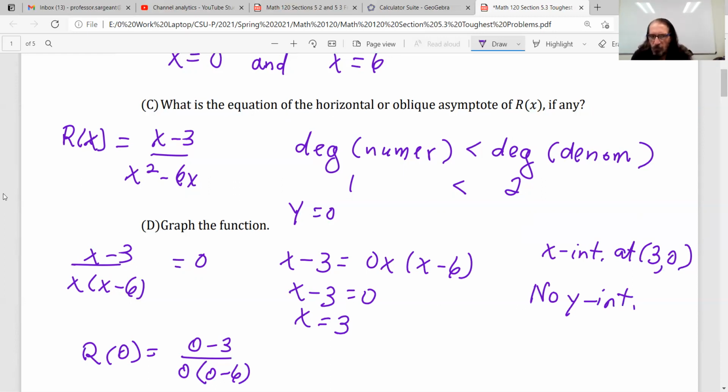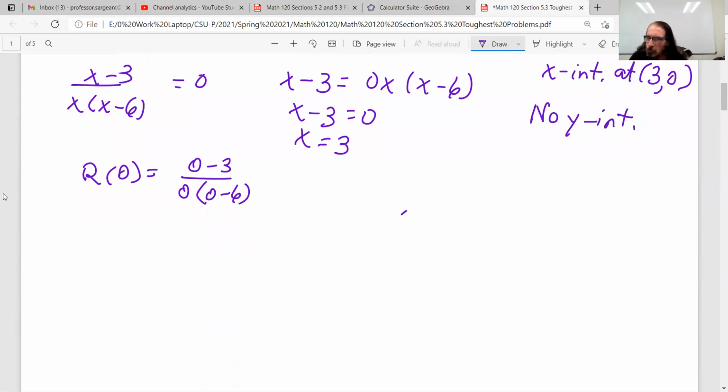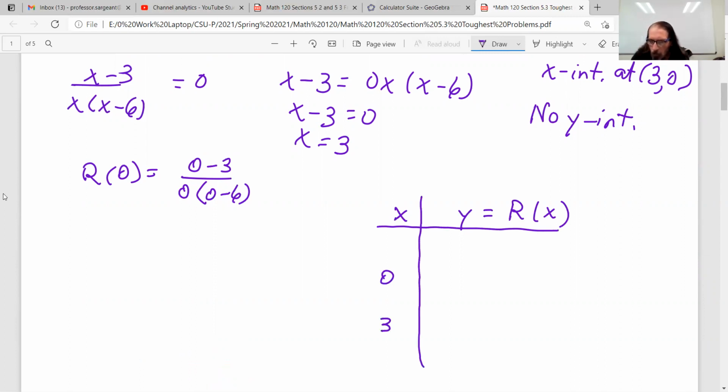So considering the special values of x, we've come up with 0, 3, and 6. Give me a little more space here.